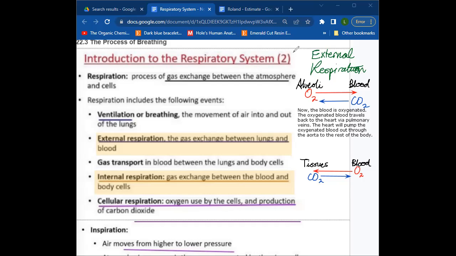So that exchange is called internal respiration. The exchange that occurs at the tissue level is the internal respiration.